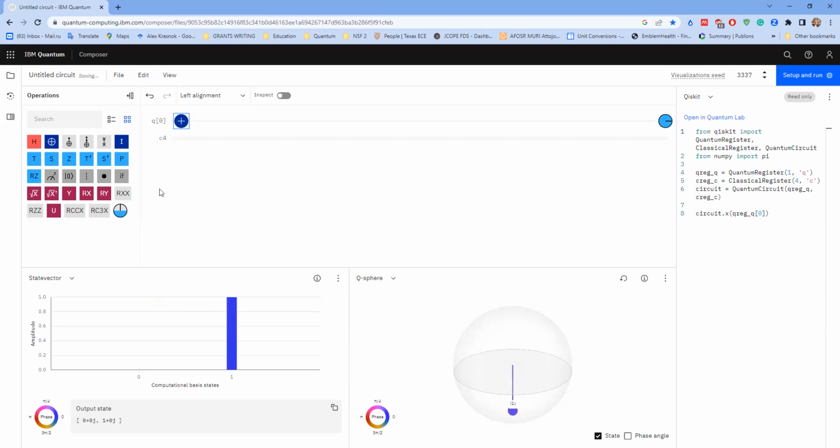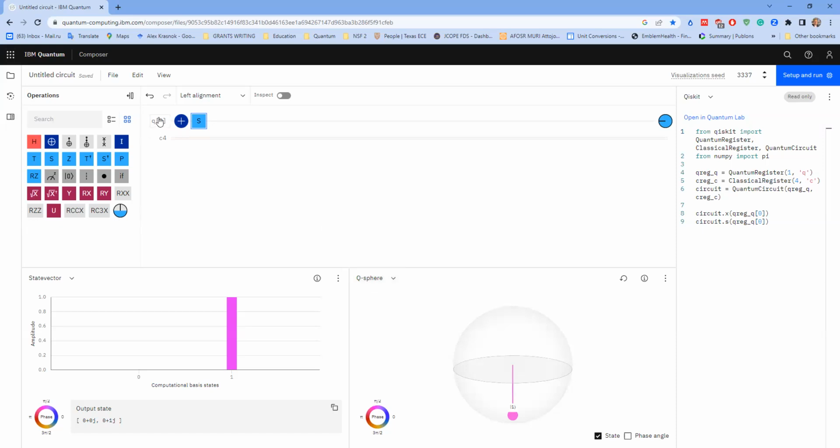It represents the state of one qubit. And as long as you are in the single qubit circuit, like this one, whatever you apply is immediately represented over this sphere. And this Q sphere in the single qubit state just corresponds to the Bloch sphere.